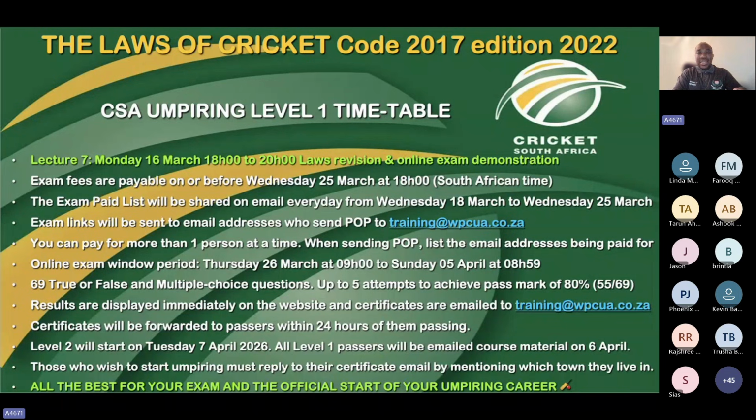When they send the proof of payment to training@wpcua.co.za, I need a list of the email addresses that are being paid for, because you can only get the exam link email from Umpires Universe if I know your email address. So once you get your exam link email from Umpires Universe, how does it work? We will get to a click-by-click demonstration shortly.